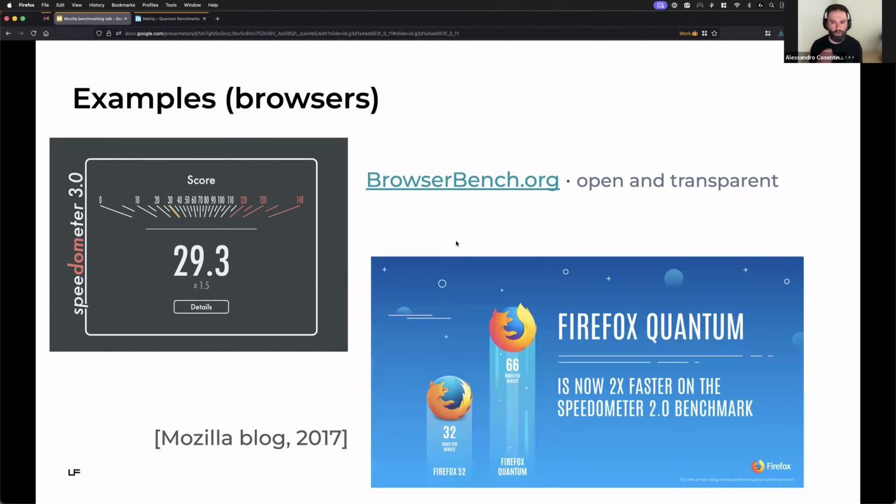And actually, while I was looking for a screenshot of Browser Bench, I stumbled upon this from the Mozilla blog in 2017.